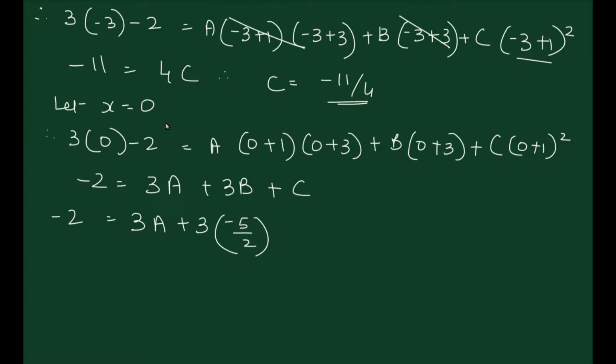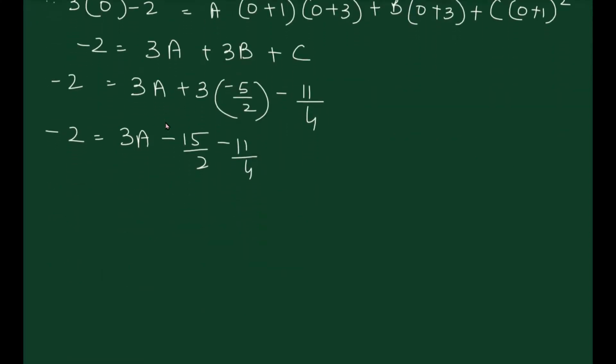So let us write minus over here instead of plus. So minus 11 upon 4. So minus 2 is equal to 3a minus 15 upon 2 minus 11 upon 4. Bringing all the terms on one side, taking 3a on the other side, or rather writing this way: 3a is equal to minus 2 plus 15 upon 2 plus 11 upon 4.